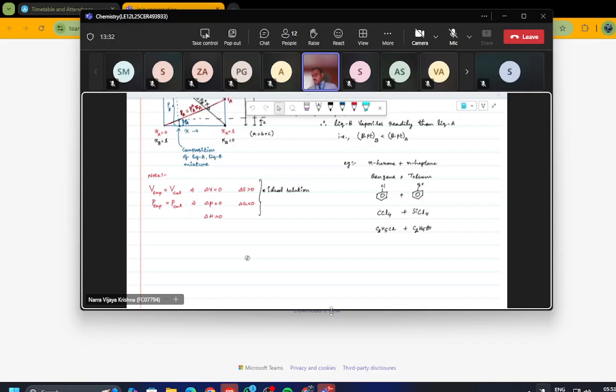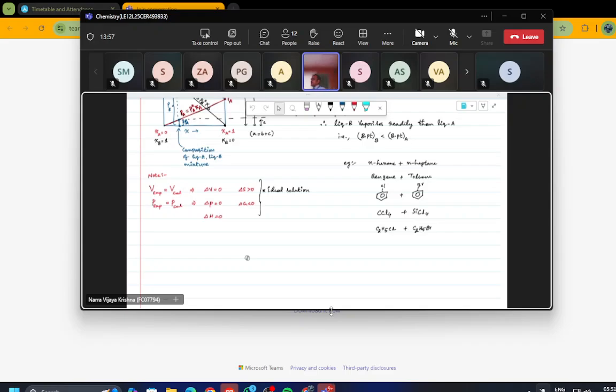So in the previous class, what were we discussing? Ideal solutions. What are ideal solutions? Those which obey Raoult's law are called ideal solutions. Very good. Any other?